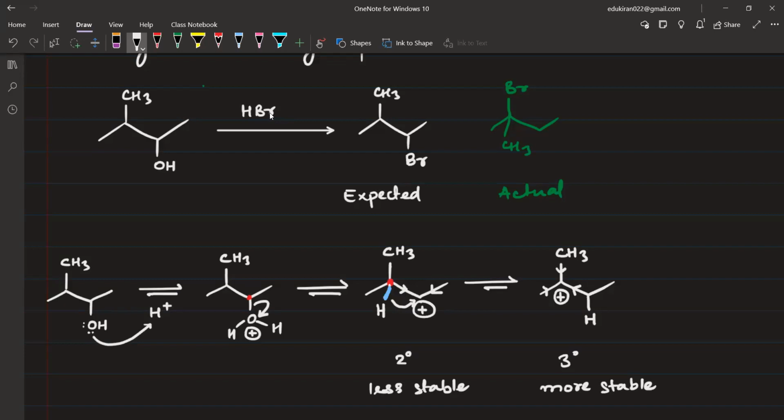What do you guys think? Tell me. Logically speak. If right now it is in a more stable state, will it want to go to the less stable state? Aliza, Deborah, Fadil, what do you think?